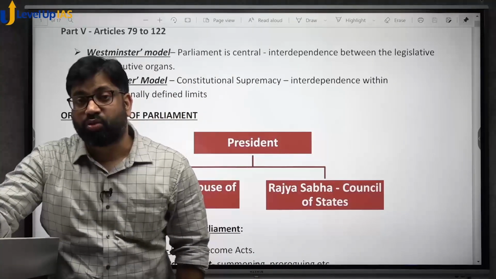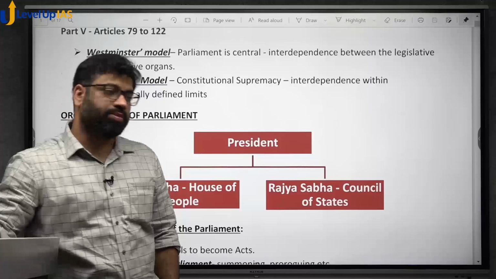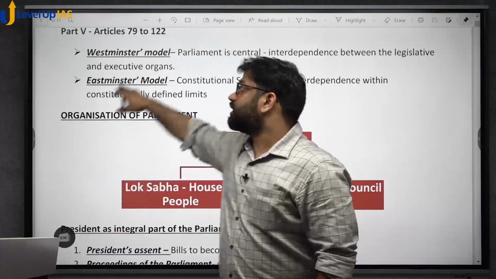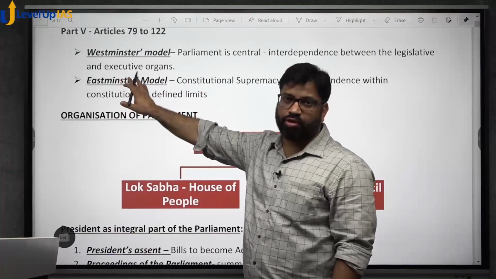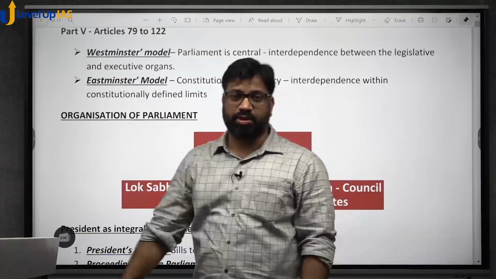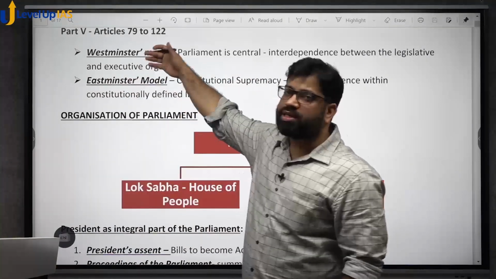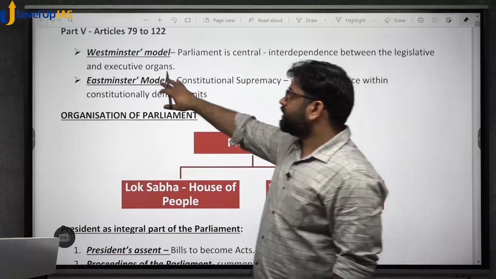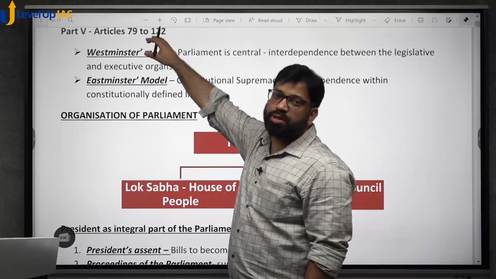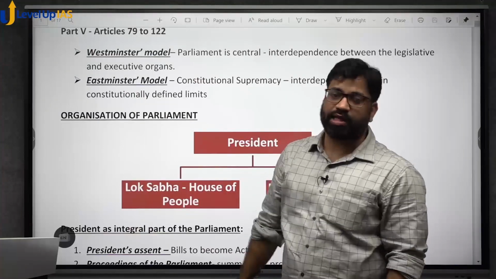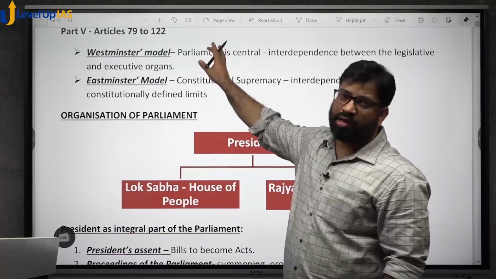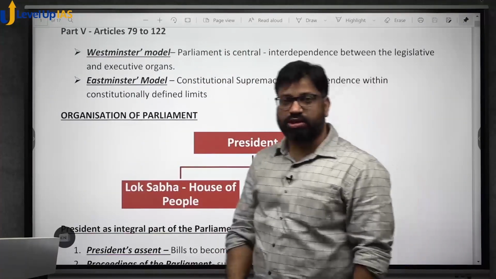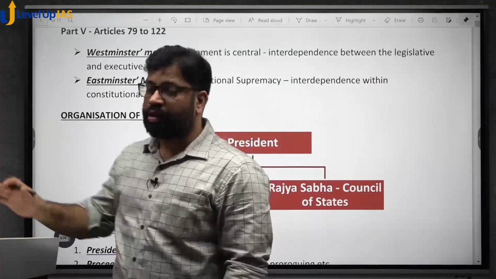The second part is, see, the Indian system, because we got it from them, is generally known by the name of the Eastminster model. West is replaced by East, though we don't have a place in Delhi by the name of Eastminster, but because we imitated them, it is said to be an Eastminster model. But the Eastminster model is very different from the Westminster one. That is because while they follow parliamentary sovereignty, we are following constitutional supremacy.